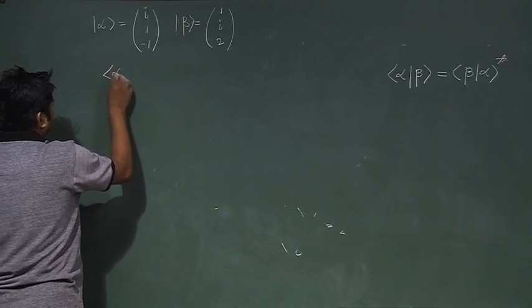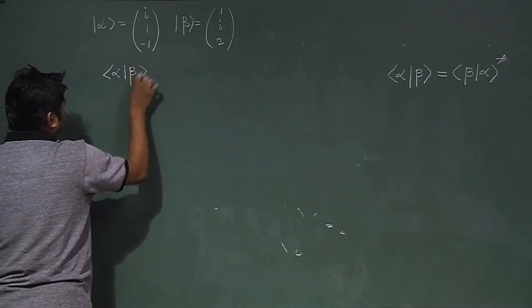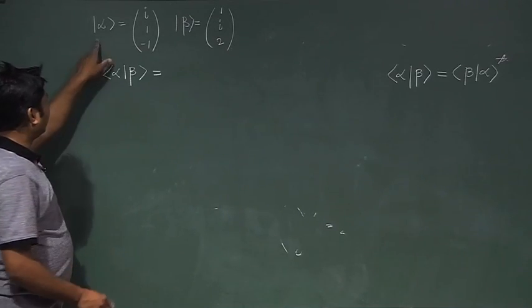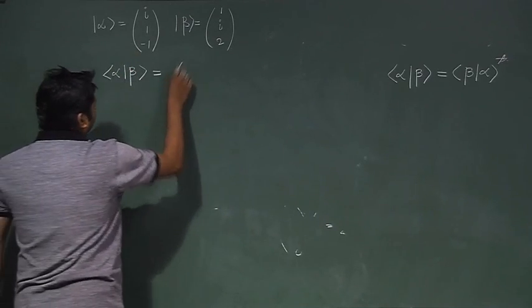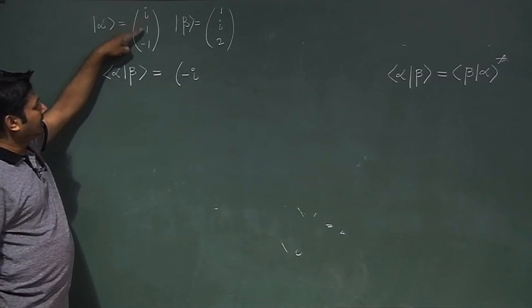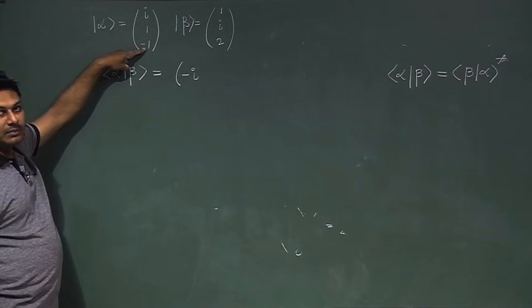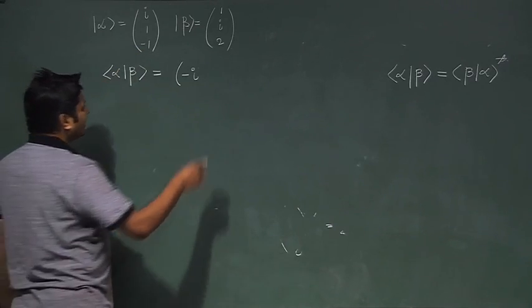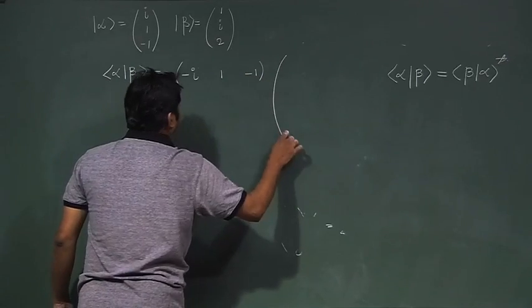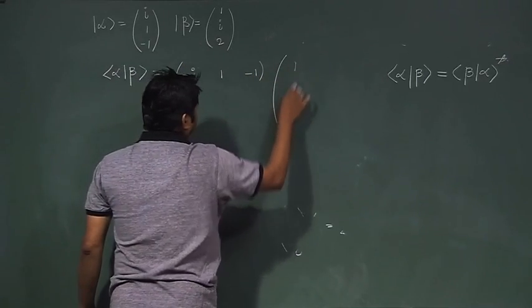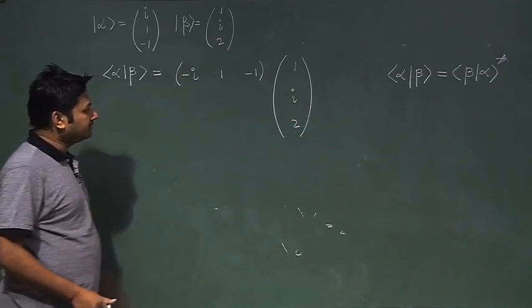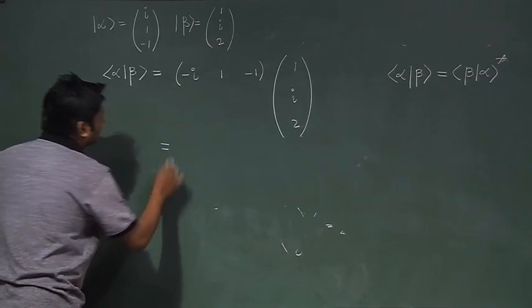Then alpha beta, how do I write this? Alpha I need to rotate, so it will be minus i, because when I rotate this I need to put the complex conjugate of these terms. So it should be minus i, 1, minus 1. Beta will remain unchanged because I am not doing anything to beta.